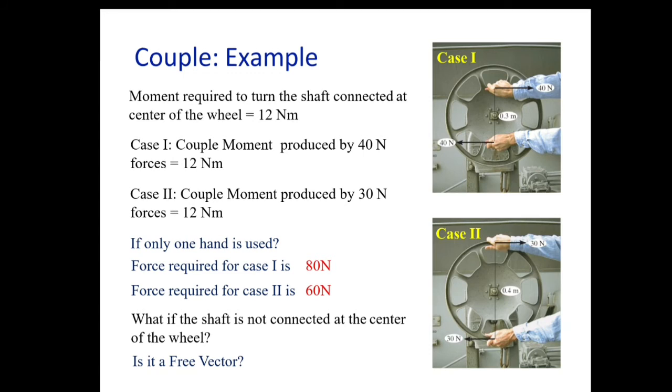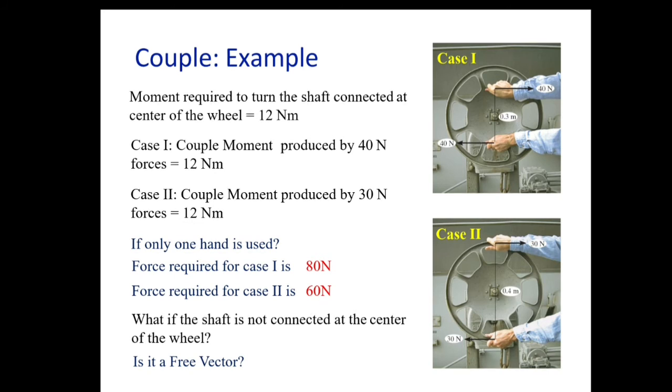Now if only one hand is used, the force required in case 1 will be 80 newton. If we use only one hand, there will be increased effort. In the second case, if we use only one hand, it will require more effort compared to 30, that is 60.